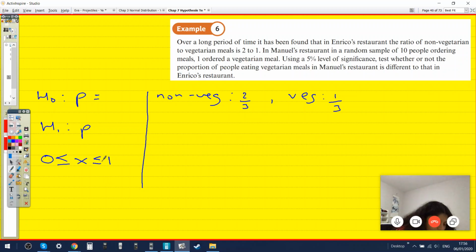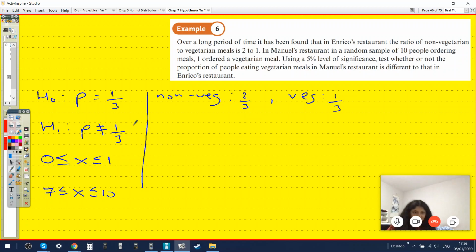And then the other end is... wait, what's 1 next? 7 to 10 is the next one. 7 to 10. So it is in the critical region. So you reject H naught.